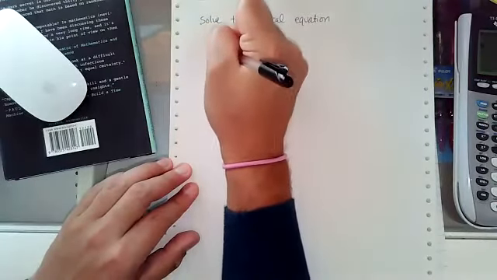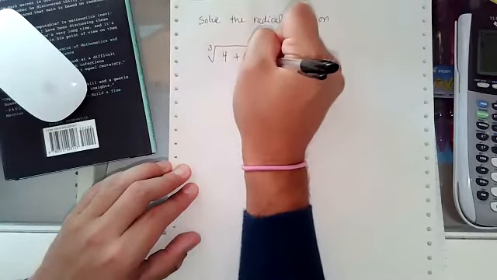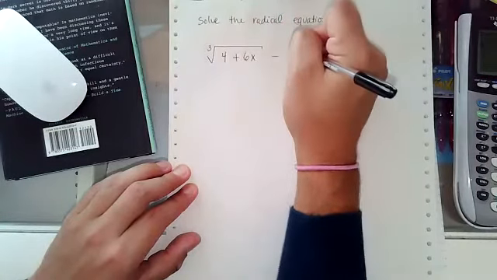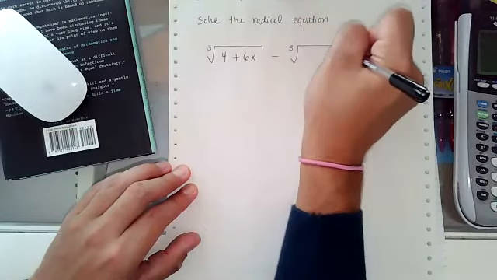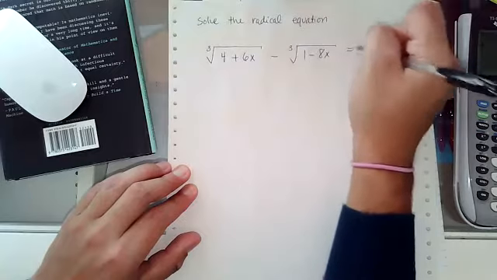The cube root of 4 plus 6x minus the cube root of 1 minus 8x is equal to 0.